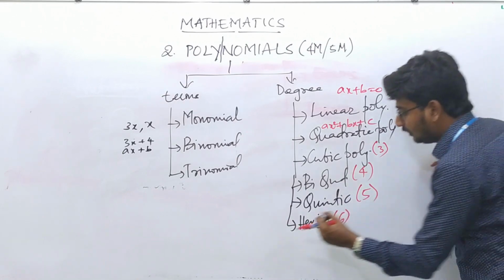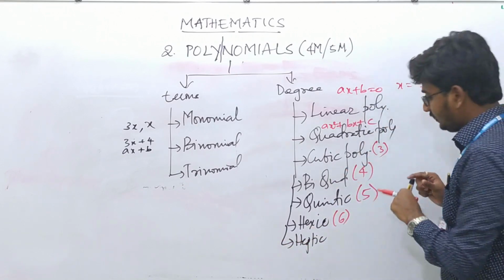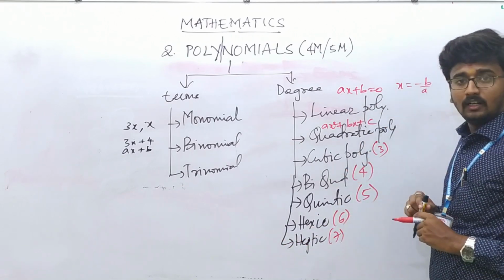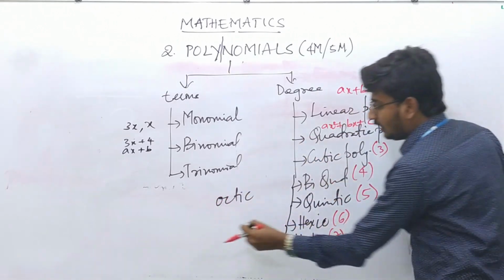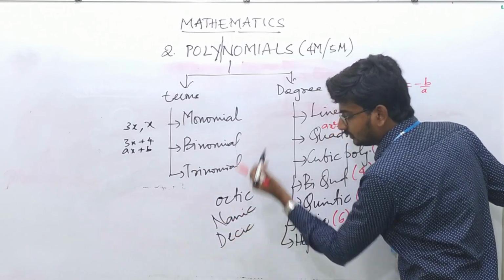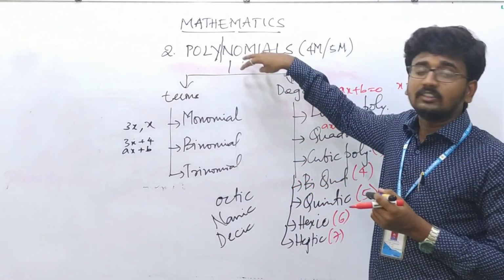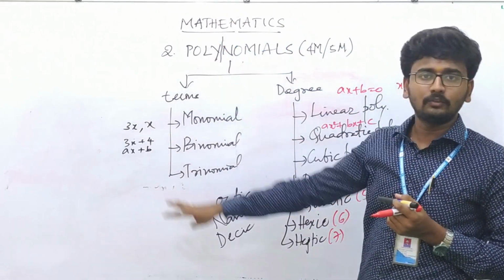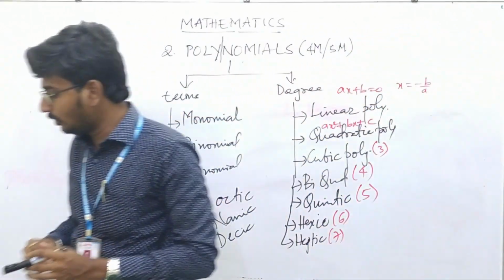After hexic, we have heptic, which means 7. After heptic, octic, nonic, and decic. So many such classifications of polynomials are there. This is more than enough to remember. This is the brief introduction about polynomials.